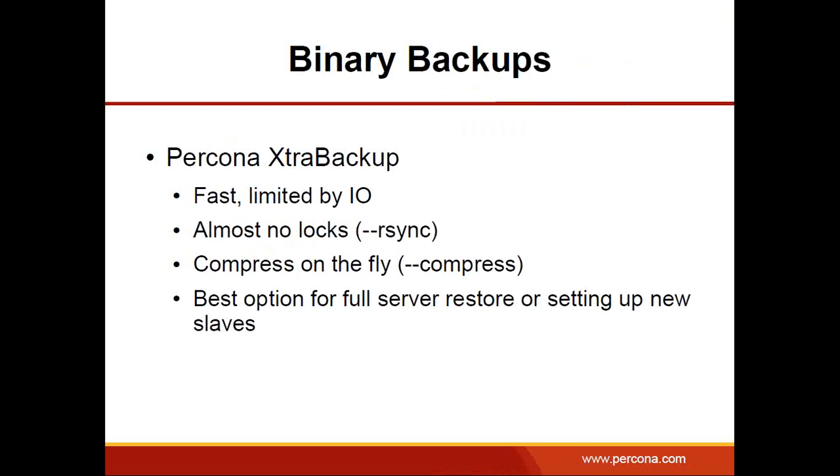And as this is in a very brief time window, this difference will be very small. So we are reducing the lock time a lot. It also can compress on the fly. We'll see this later. And it's the best option to restore full servers or set up new slaves because they are pretty fast.